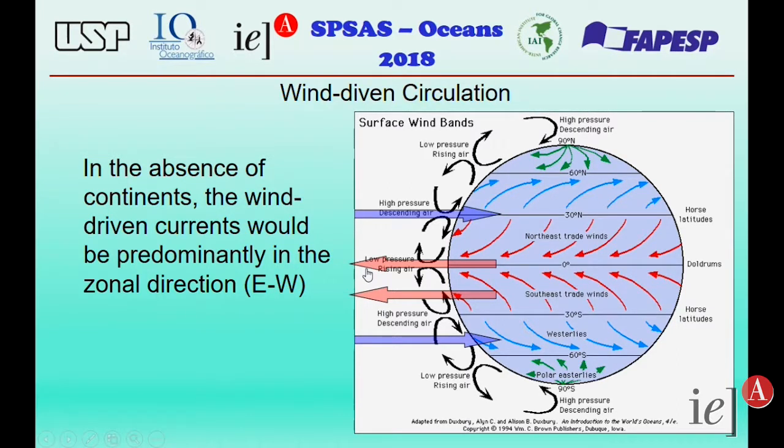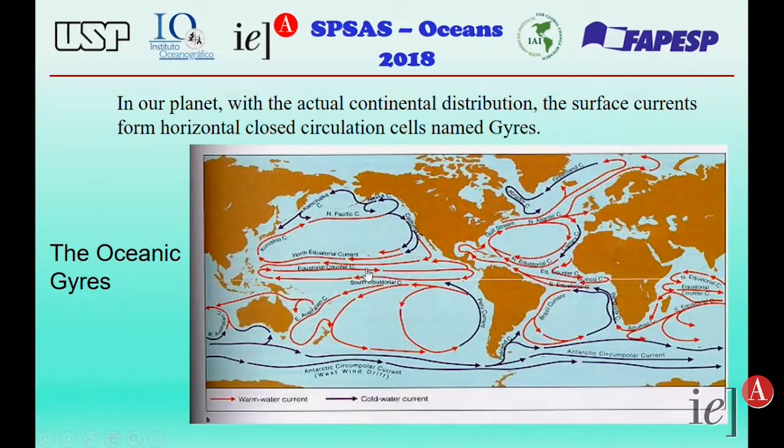In the absence of continents, in the end the circulation will be predominantly from east to west or from west to east, depending on the latitude. But we have continents, and because of the continents, the circulation looks like we see in this picture.